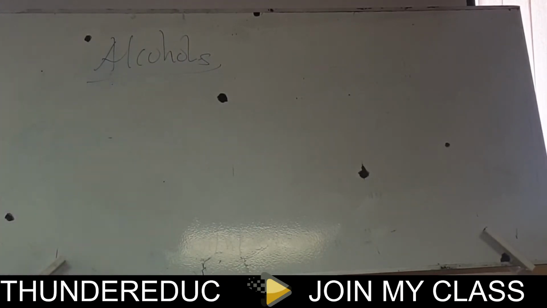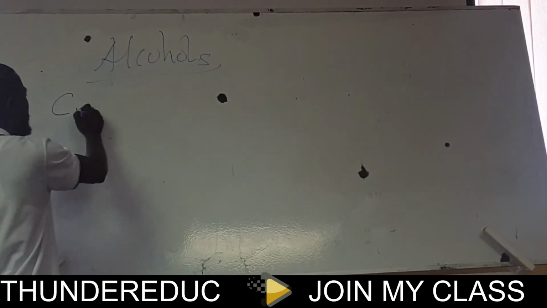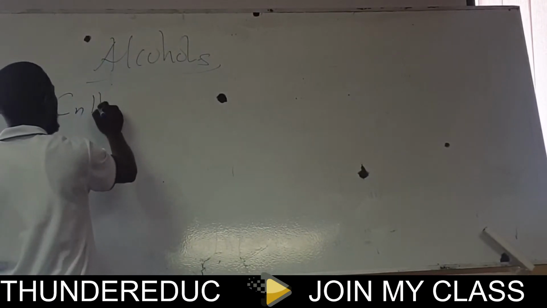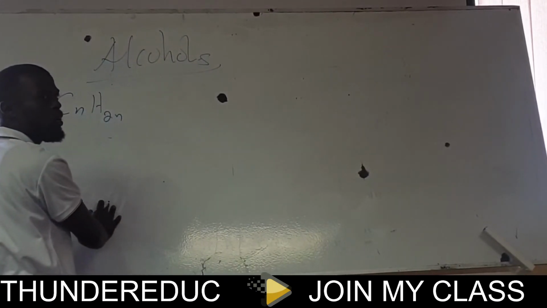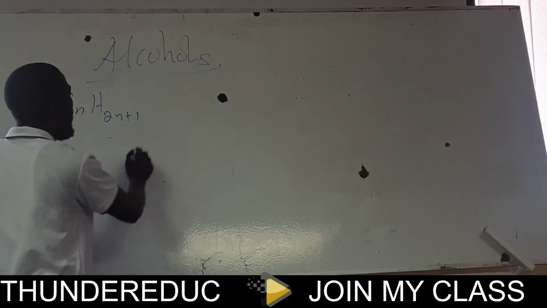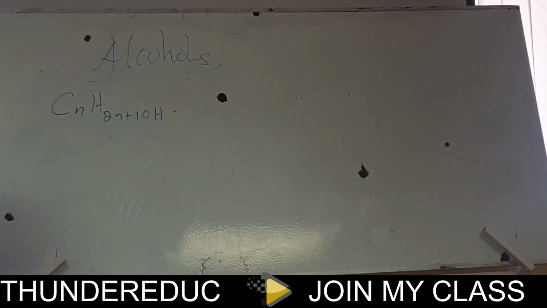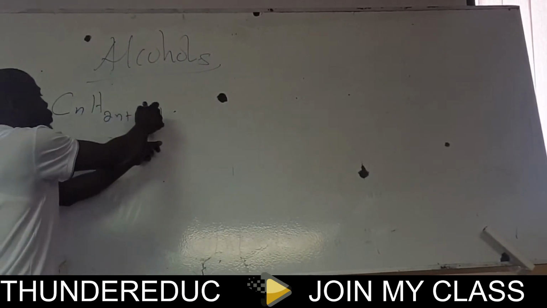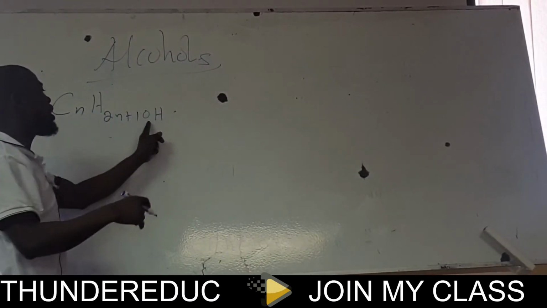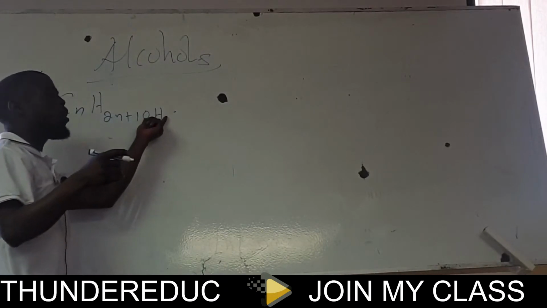How do you write the general formula for alcohols? CnH2n+1OH. Instead of saying plus 2, the hydrogen is being replaced by OH.